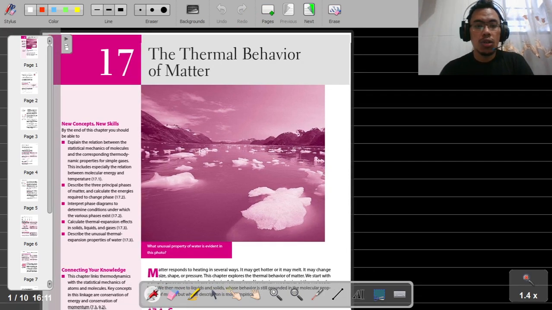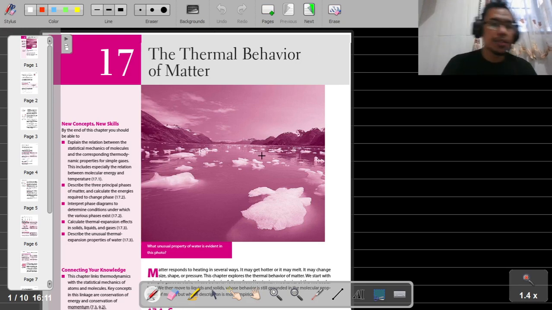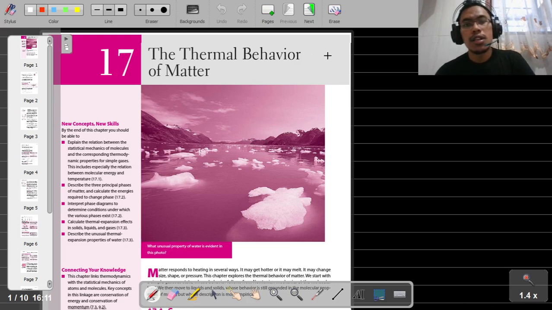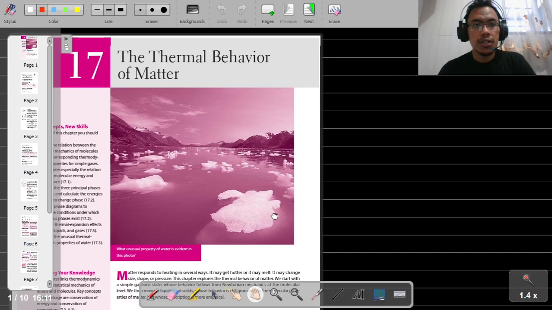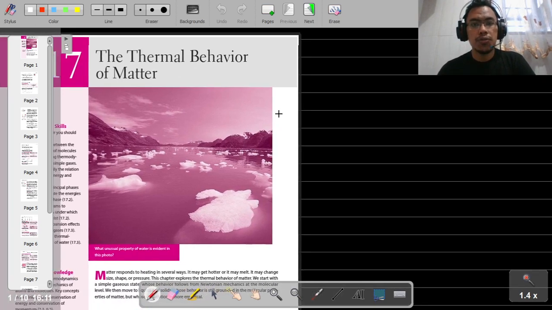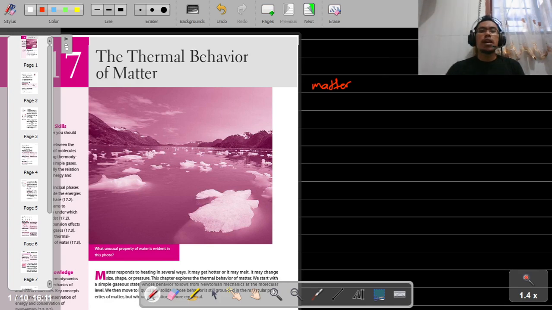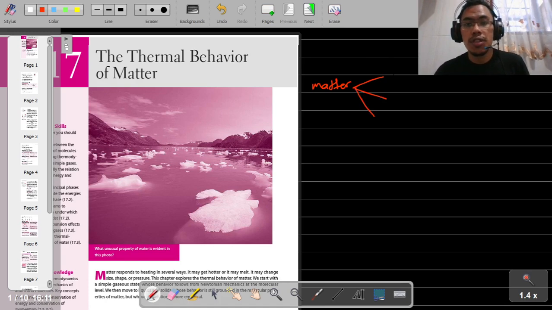Before we start our lesson today, I want to give you a brief explanation of matter. As far as we know, there are three kinds of matter, or phases of matter.